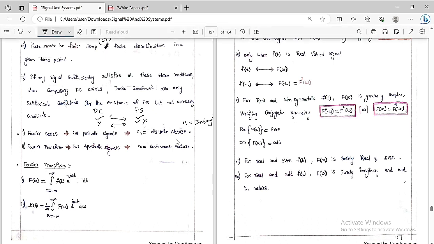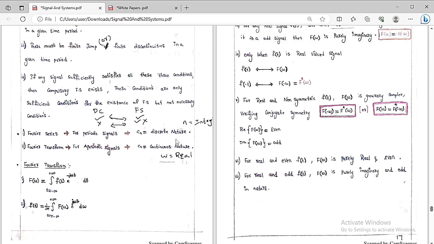Whereas the Fourier transform is applicable for aperiodic signals, and here we have F of omega. Omega is continuous in nature; here omega is a real number. So F of omega is defined for each and every value of omega. That is the reason it has a continuous nature.